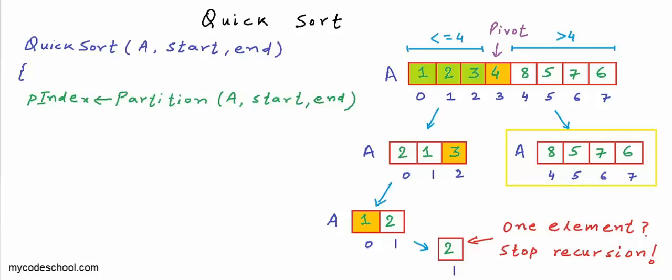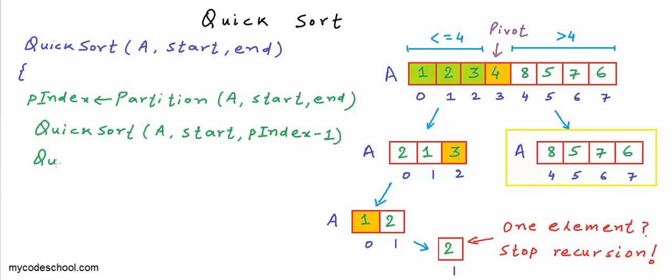Now once we have rearranged a segment in this process partition and got the partition index, the index of the pivot, then we can make two recursive calls, one to sort the segment left of the partition index and another to sort the segment right or towards the higher indices of partition index.